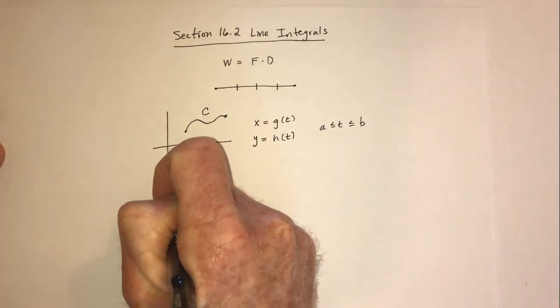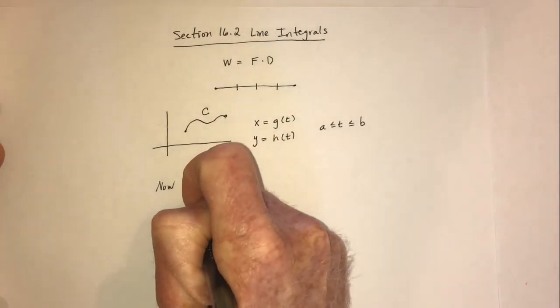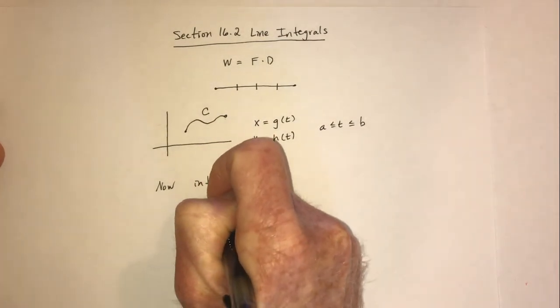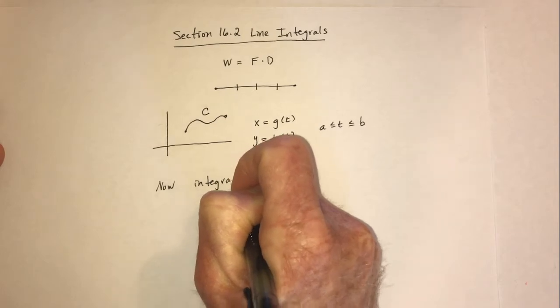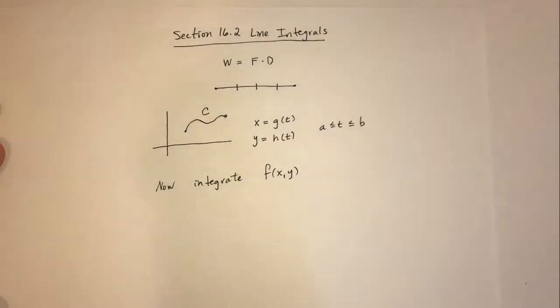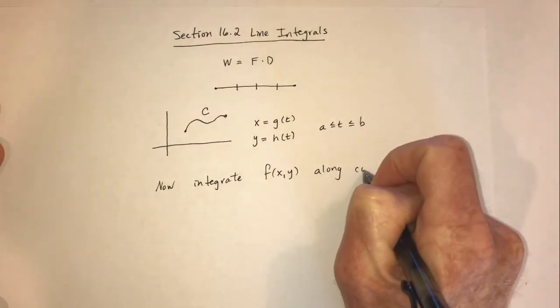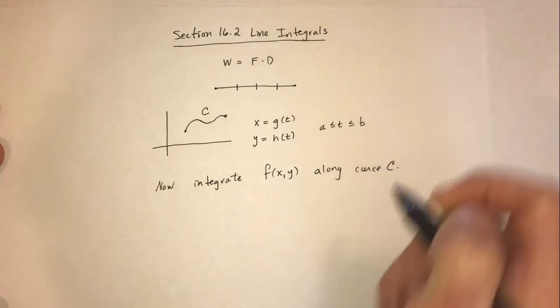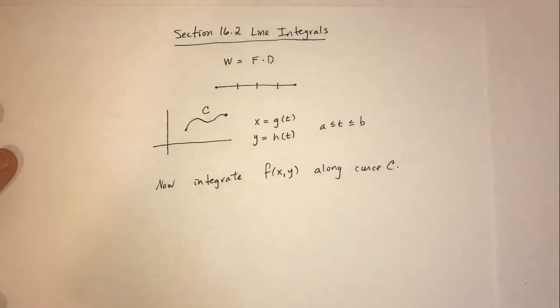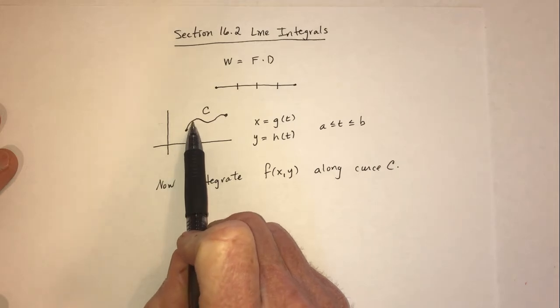Now we'll have another function like the force function. So now we're going to integrate this function of x and y along the curve C. Well, there's actually 3 ways to do it, because as I'm moving from here to here, I moved not only to the right, but I also moved up.